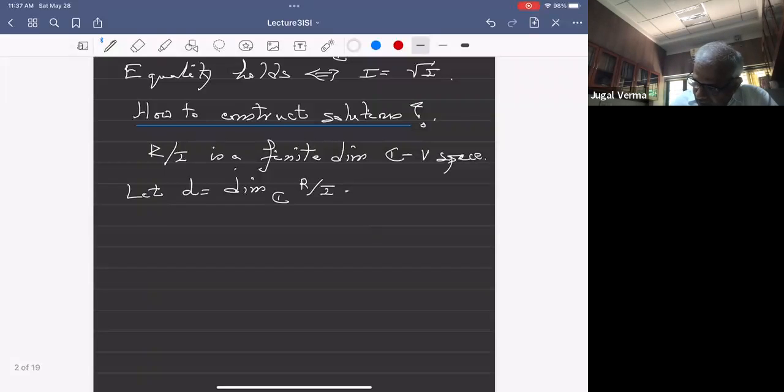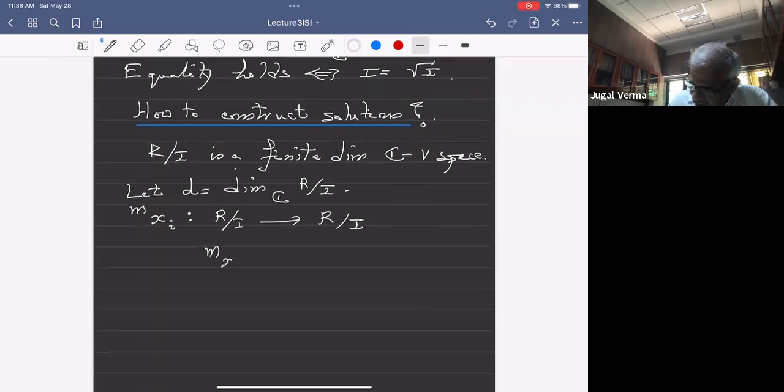Now on R mod I we can define the multiplication map by Xi. This is a linear transformation. It takes a residue class in R mod I to the residue class of Xi f.